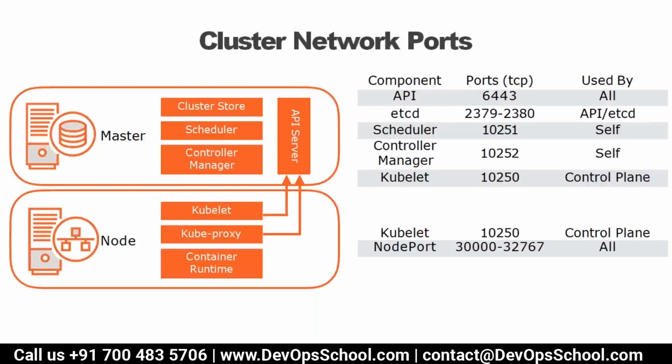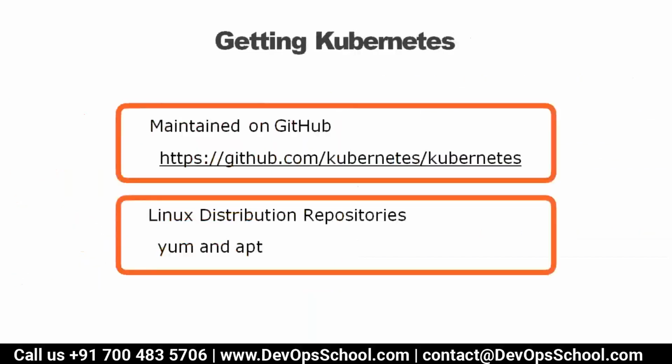The scheduler needs to be open on 10251, and the controller manager on 10252. The kubelet runs on 10250, and NodePort can be anything. All these ports should be taken into consideration when you set up Kubernetes the manual way.